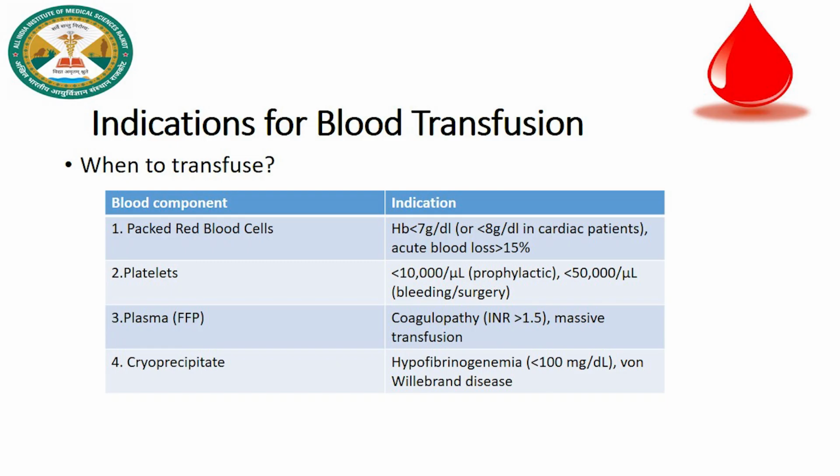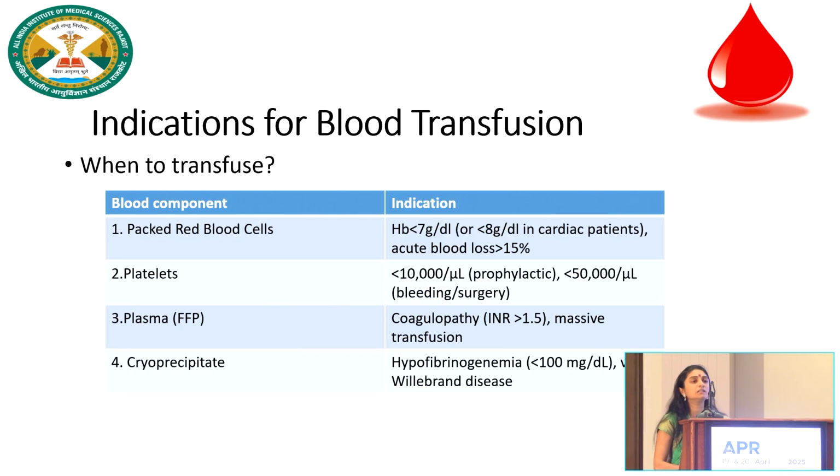So as we all know, we are in component therapy. So when to transfuse? There are certain restrictive thresholds which are now laid out even by WHO and the National Blood Transfusion Council of India. As far as packed red blood cells are concerned, of course, to increase the oxygen carrying capacity of the patient, if the hemoglobin is less than 7 gram per deciliter; in cardiac patients, it goes up to 8 gram per deciliter; and in case of acute blood loss, if it is greater than 15%.